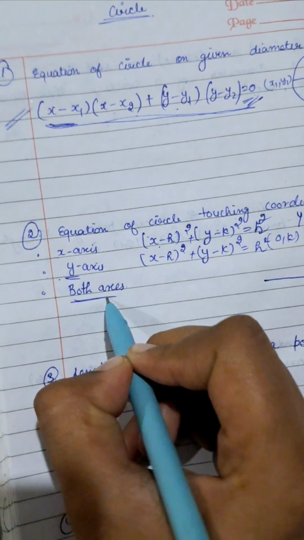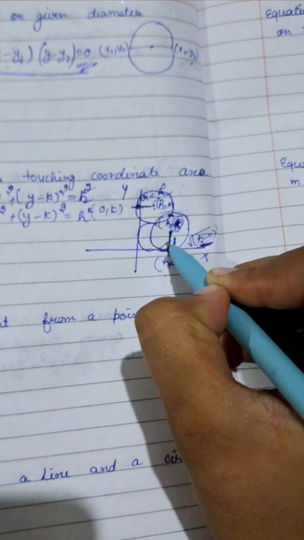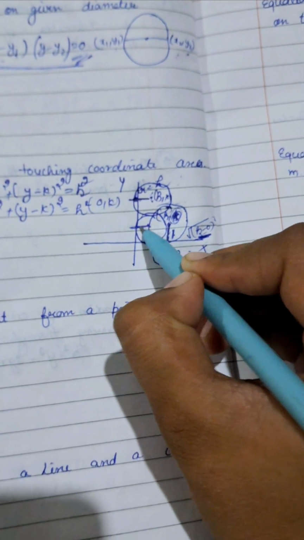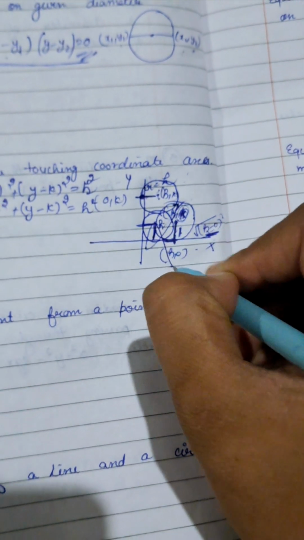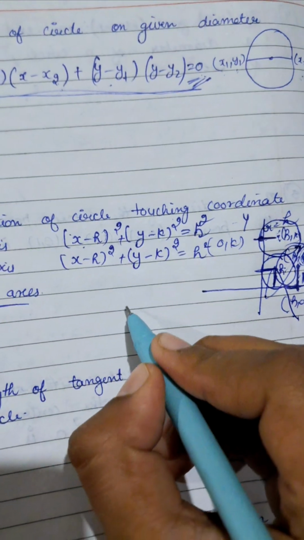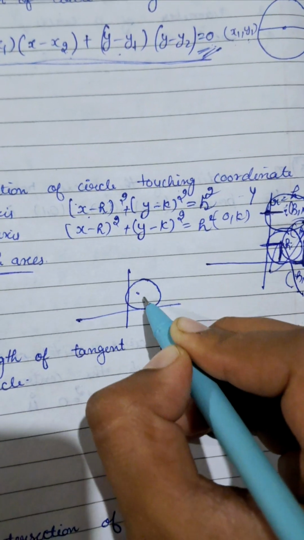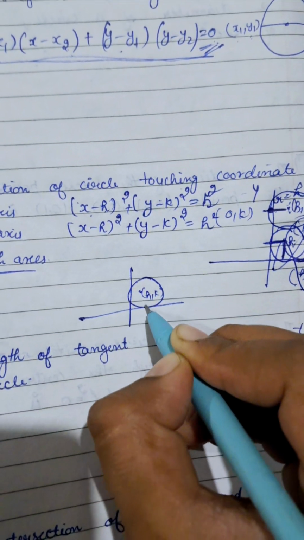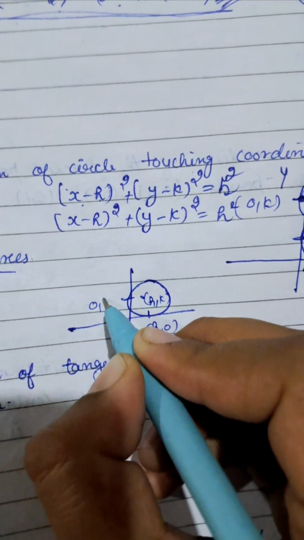If the circle touches both the axes, that means this distance and this distance are equal. Let me make a different diagram. Suppose our center is at (h, k), this point is (h, 0), and here (0, k).